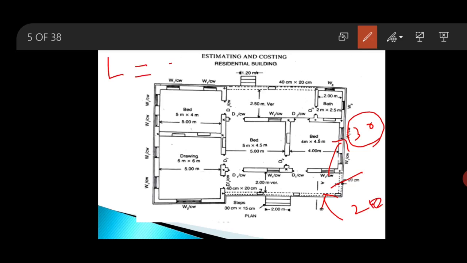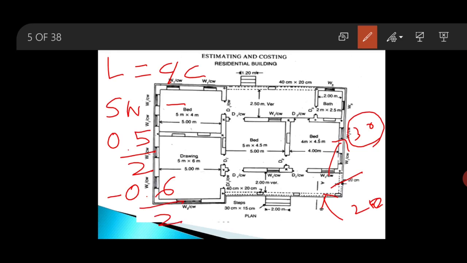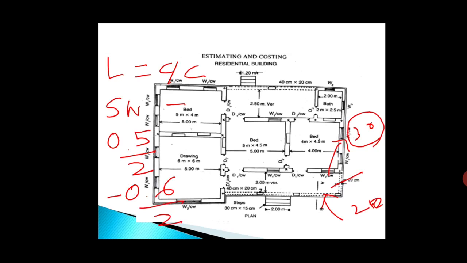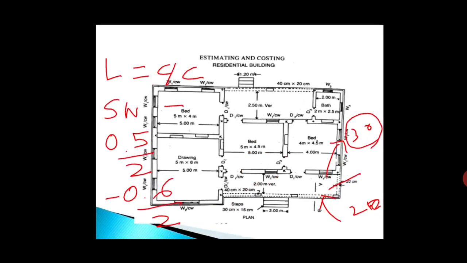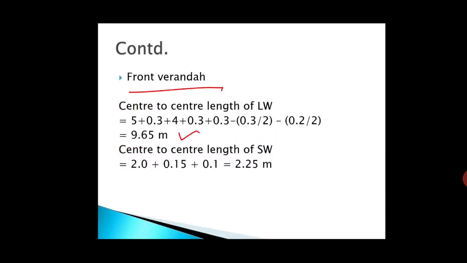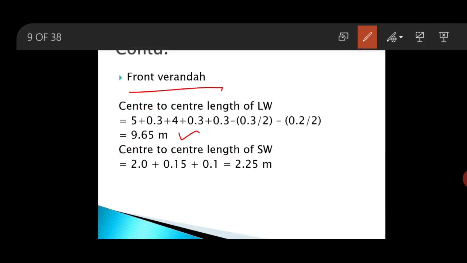So, the net length will be center to center length of short wall minus 0.5 by 2 for the 30 centimeter wall and minus 0.6 by 2 for the 20 centimeter wall. So, this is the net length. What is the center to center length of the short wall? See, the center to center length of short wall is 2.25 meter.